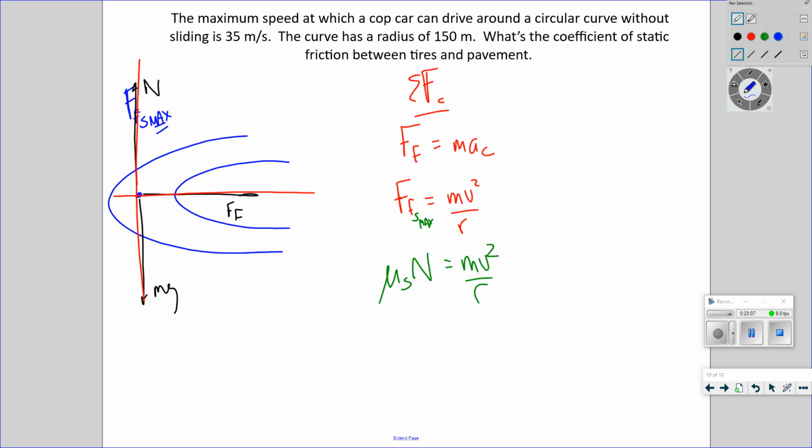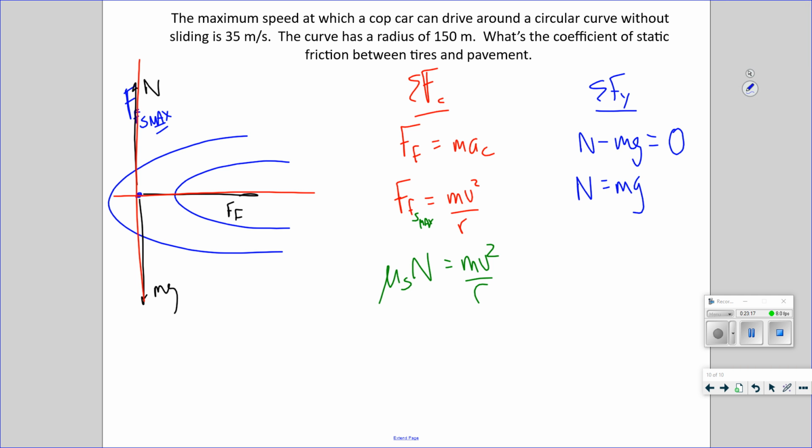A net Fy tells us that N minus mg is ma y, not accelerating in the vertical direction, and this mg can go in there.